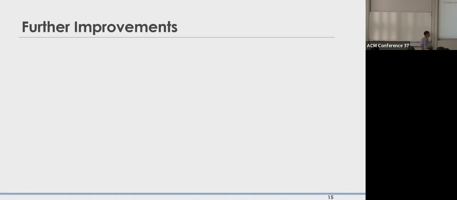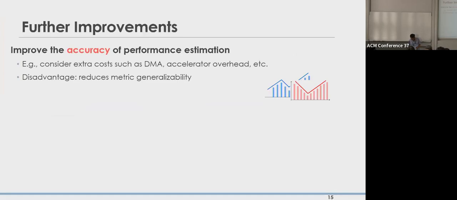Okay, so we propose a simple approach to show that dynamically reconfiguring the inference engine is good, but there are still some possible improvements. For example, we can improve the accuracy of the performance estimation metric. We can consider more hardware constraints and hardware costs, like DMA or some other costs, in the equation.